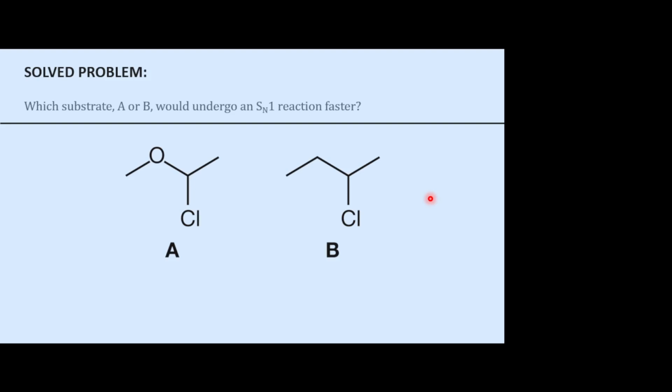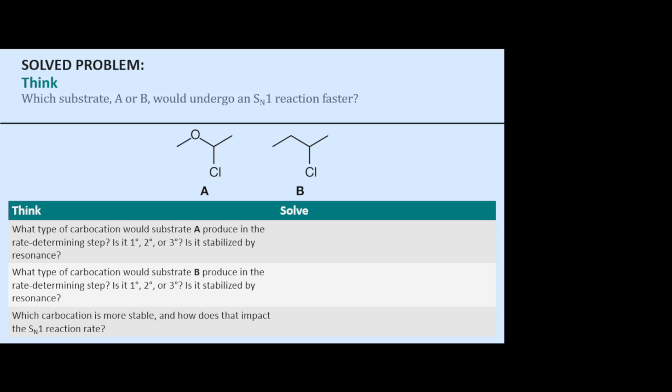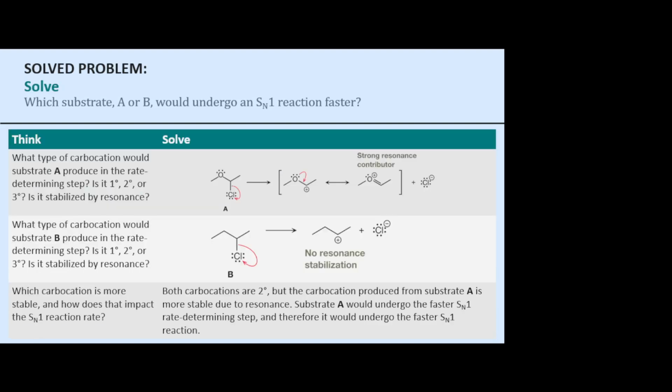Now, which of the substrates, A or B, would undergo an SN1 reaction faster? What we're looking for is what will stabilize that carbocation better. If we make the carbocation right here, this is going to have that oxygen lone pair that can come into a double bond, right? And so it has a resonance structure.